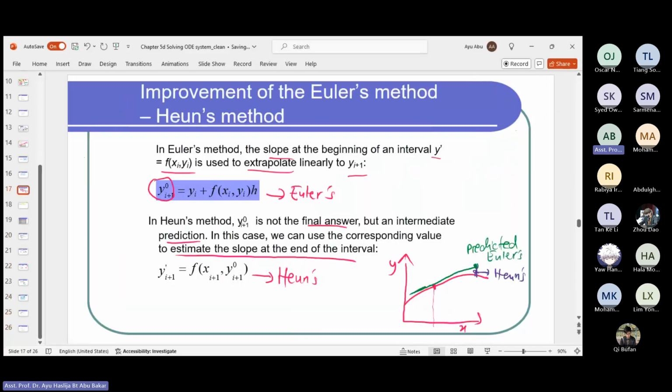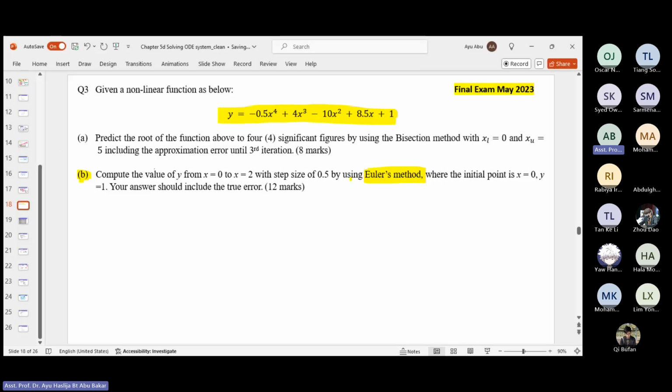We proceed to this final exam question. This is the final exam, May 2023. In this one question, I combined two topics using one main equation.